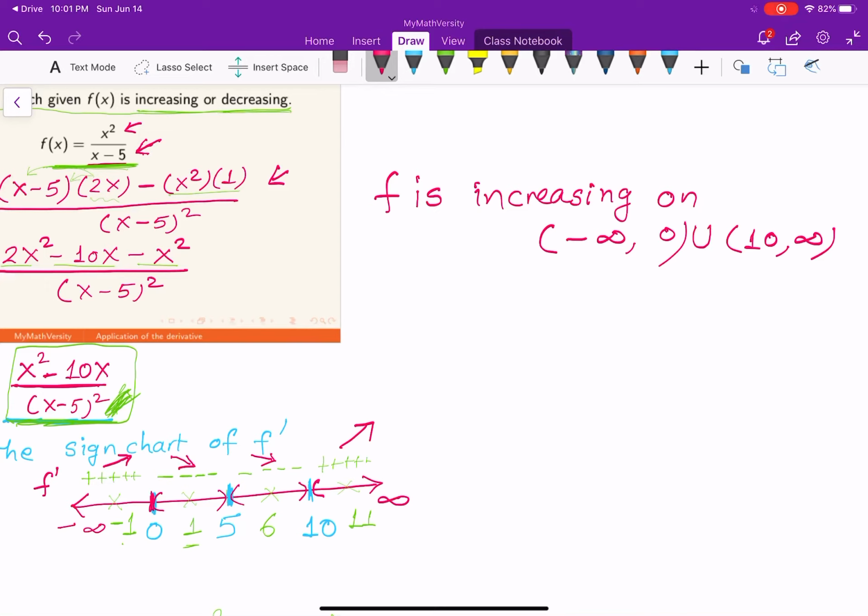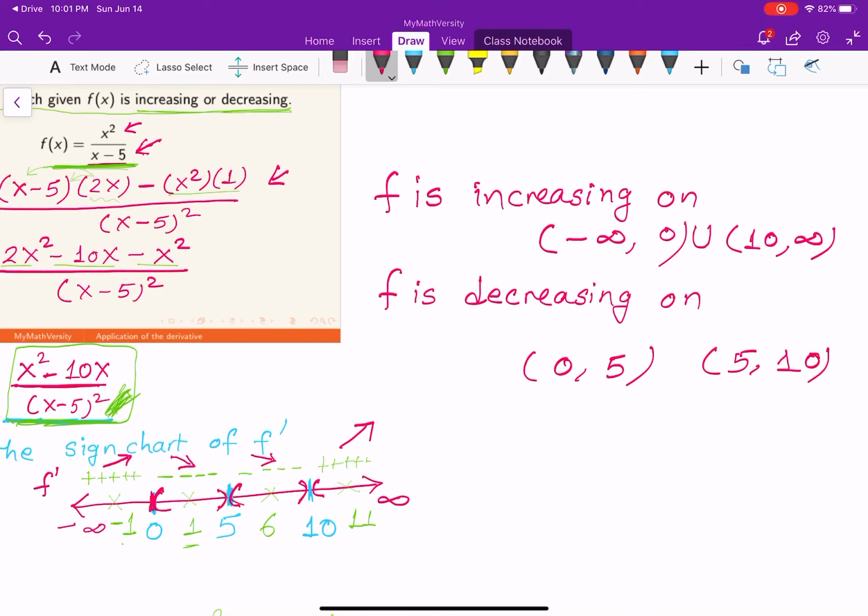In a similar way, f is decreasing on the intervals we figured out: from 0 to 5, and from 5 to 10. Between these two subintervals the function is decreasing because the sign of the derivative, f prime, was negative, and by using the increasing/decreasing test, we can conclude that.